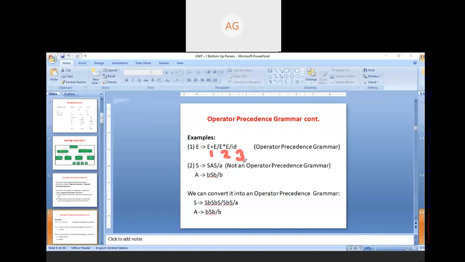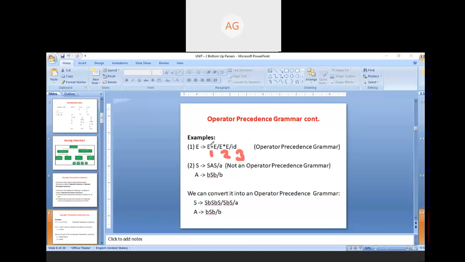As you can see, there is no epsilon in the right hand side of any of the productions. So this grammar is operator precedence according to rule number 1. But you need to check also rule number 2. You need to check whether any production contains two adjacent non-terminals on the right hand side.